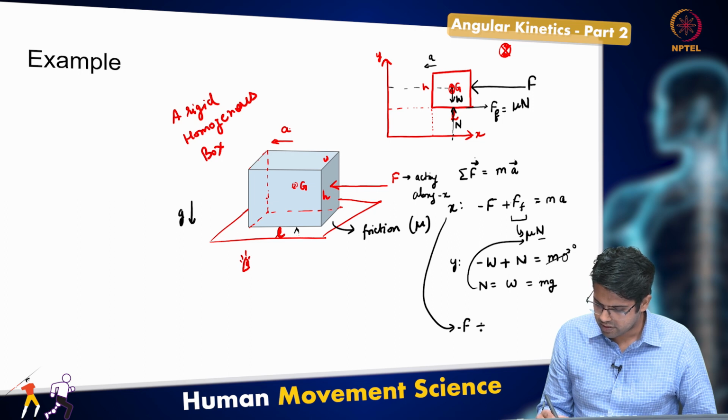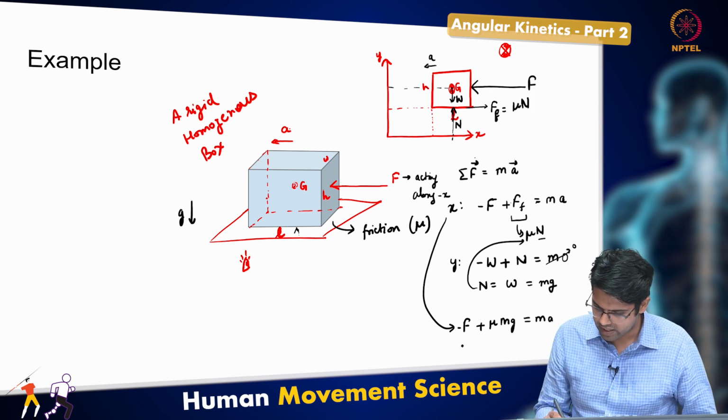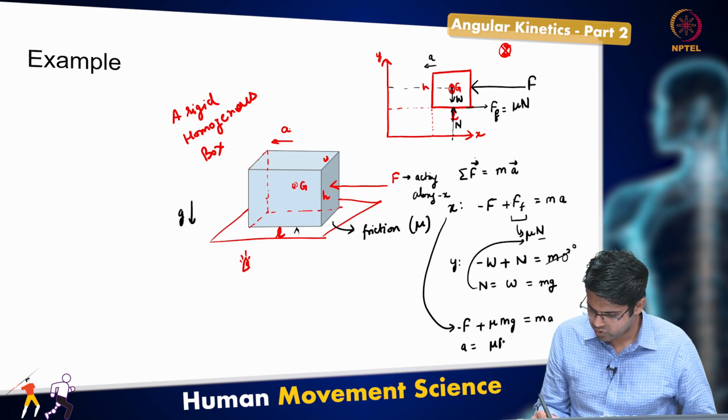Right? So now I can substitute this value here and get minus F plus mu mg is equal to ma.